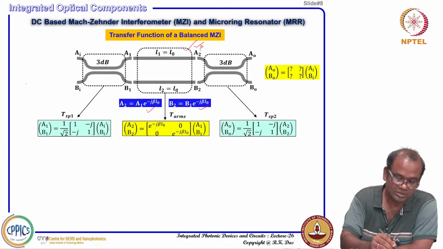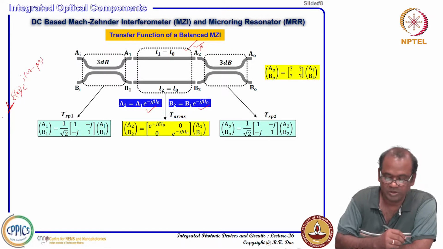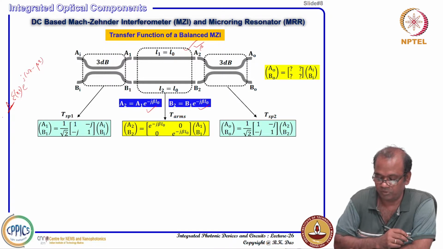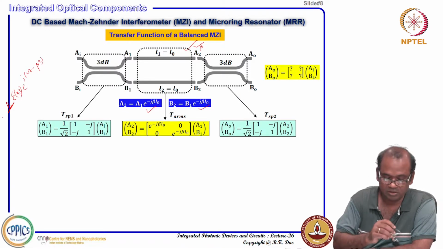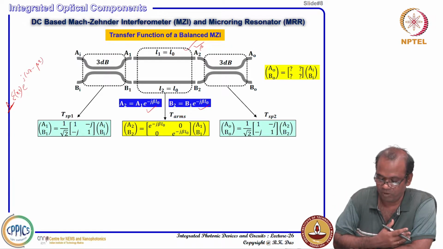Remember that when it propagates, it is e to the power j omega t minus beta z, and that same thing we are considering. We are not considering the field mode profile distribution. Instead, we consider only the normalized amplitude. That is just to keep in mind. You must not forget what we actually consider for waveguides and for analyzing different types of components.